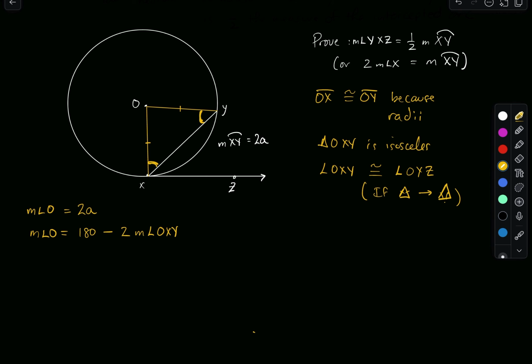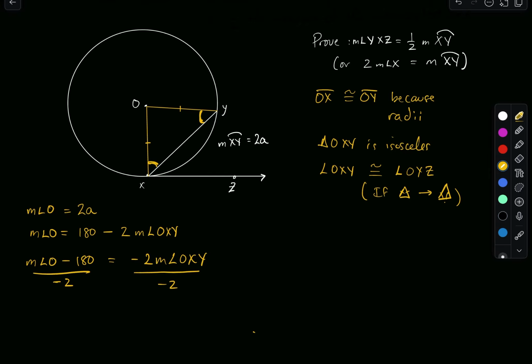All right, so now I'm going to subtract 180 from both sides. Okay, cool. So I'm going to get the measure of angle O minus 180 equals negative 2 times the measure of OXY. All right. And then I'm going to divide both sides by negative 2.